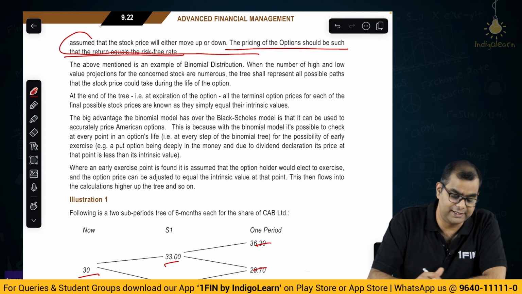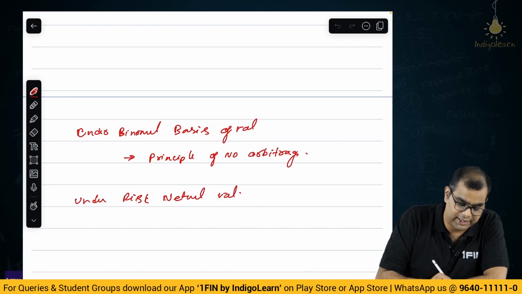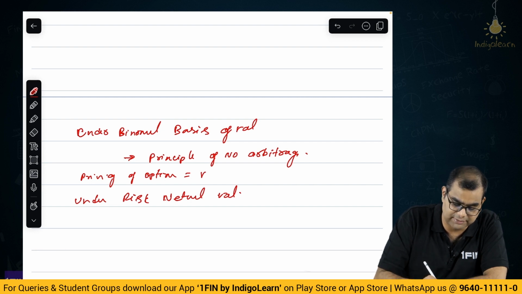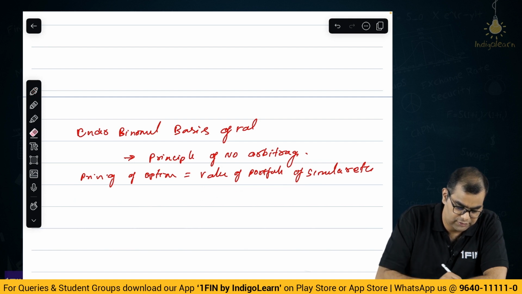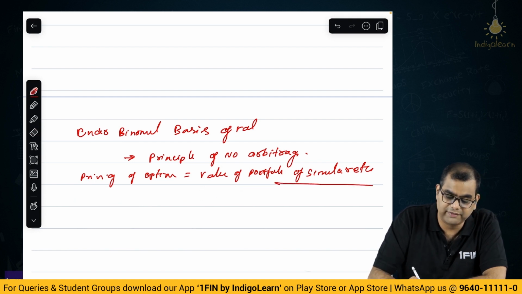So, you basically say principle of no arbitrage, pricing of option is equal to, I am again using short form, don't write like this in exam, value of a portfolio of similar returns, value of a portfolio giving similar returns, okay, as option.